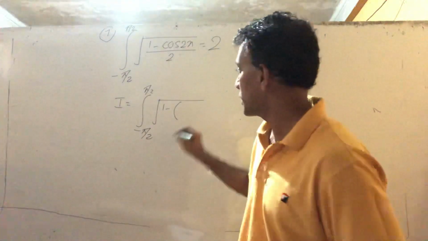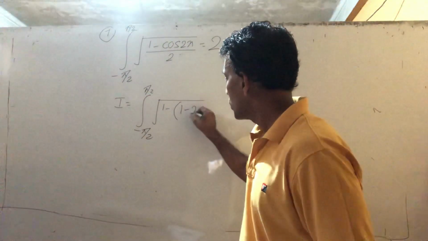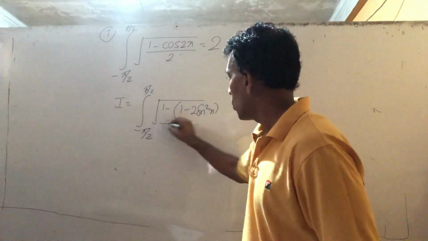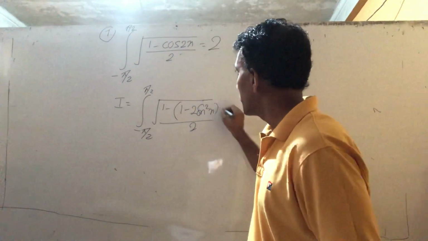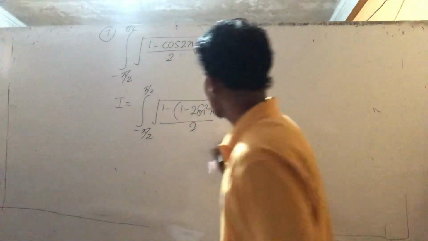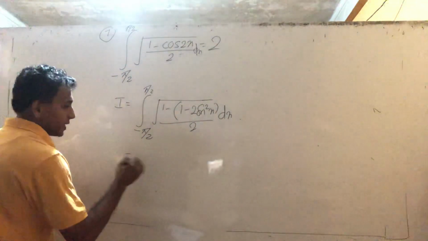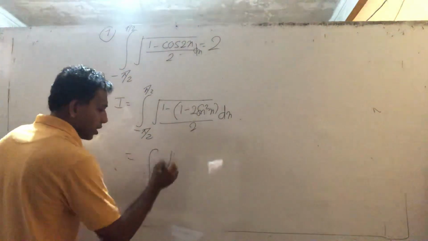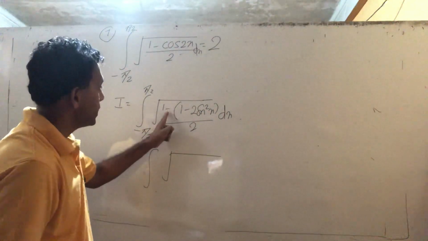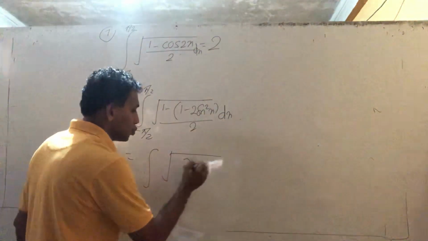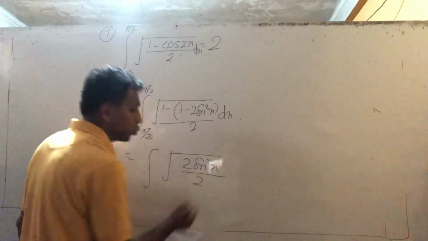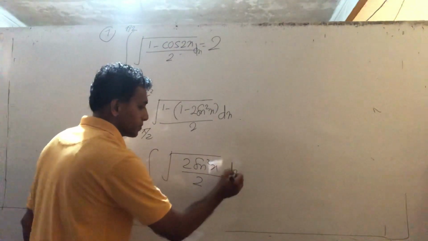Write cos 2x as 1 minus 2 sine square x, over 2, dx. So what is that? Square root, 1 cancels, minus minus plus 2 sine square x over 2, dx.